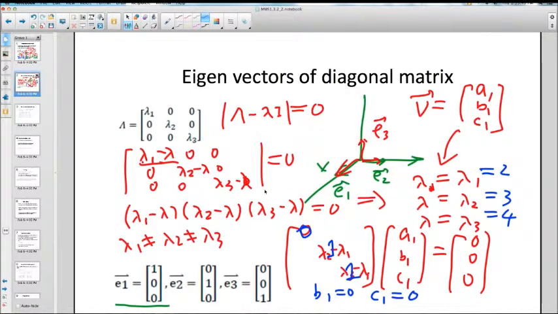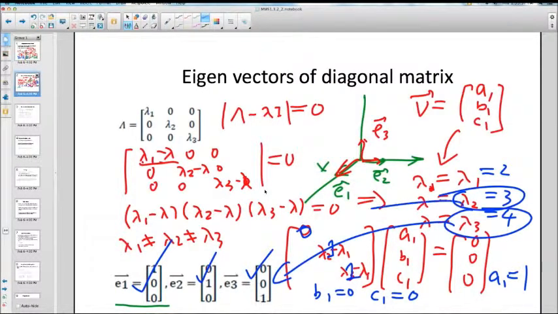You have one choice for your A1. I always like this: choose A1 equal 1. That's this. And you can do the same thing to get the second and the third by selecting the second eigenvalue and third eigenvalue, and you can get this and this. So this is a relatively easy operation.